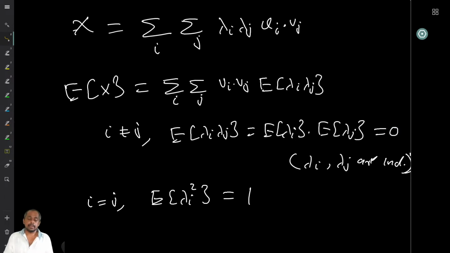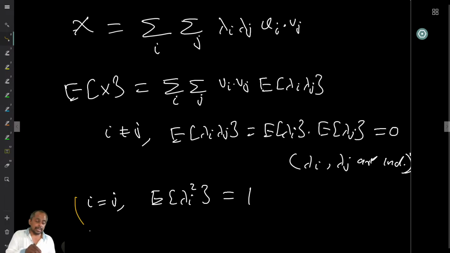Why? Because with probability half lambda i takes the value 1, and with probability half it takes the value minus 1. So the expectation of each of these is 0, and in the product the expectation is 0.